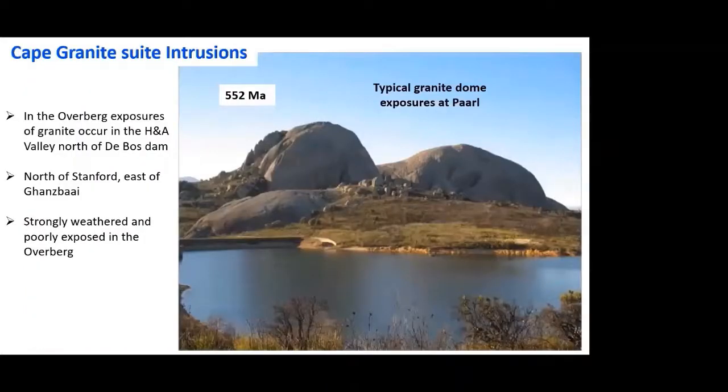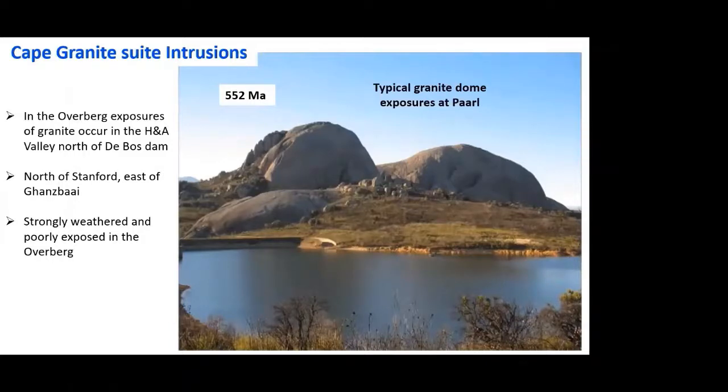Okay, the other aspect of the basement are the granites. And unfortunately, we don't get any really good outcrops of the granite in this area. Where it does occur, which is Humanada and near Stanford, it's very oxidized and very poorly exposed. This is obviously a picture up in Parle, which is the typical outcrop.